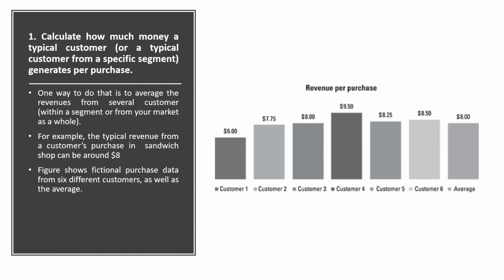Within that segment, you can take multiple customers, group them based on age, gender and so on, and calculate the average revenue per customer. That is one way to identify how much revenue can come from a typical customer. Take a sandwich shop. Maybe the typical revenue from a customer is $8.